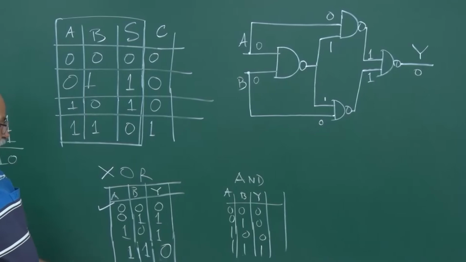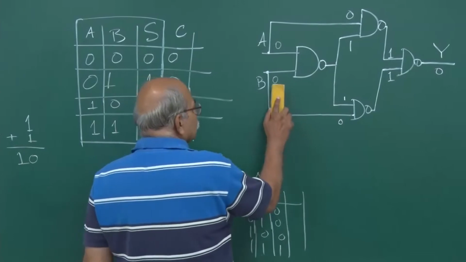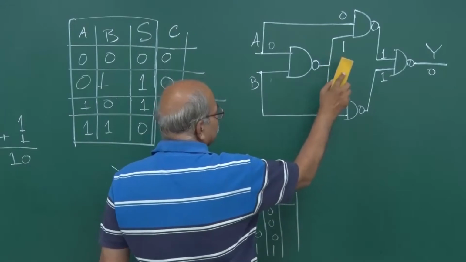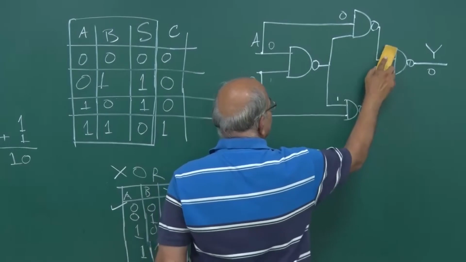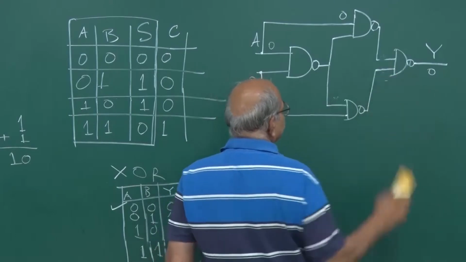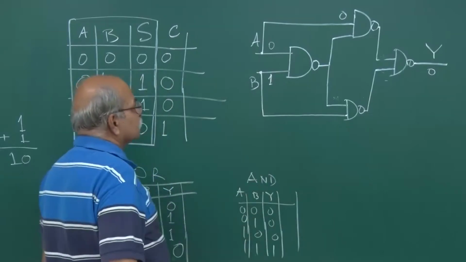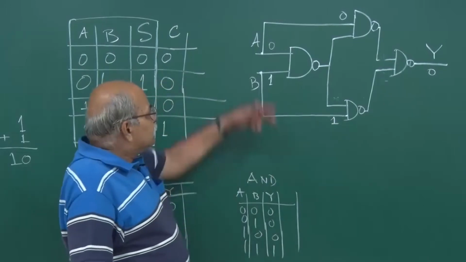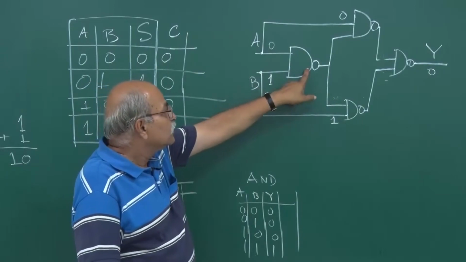Then consider what happens if A is 0 and B is 1. So A is 0, B is 1. Let me remove this, let me remove this, and of course A is 0 is alright, and then the output can change. So all these things let me remove. So now you have 0 and 1. So this is 1. And this 1 goes here. So this will be 1. 0 and 1 is 0. So here it is 0, here it is 1.